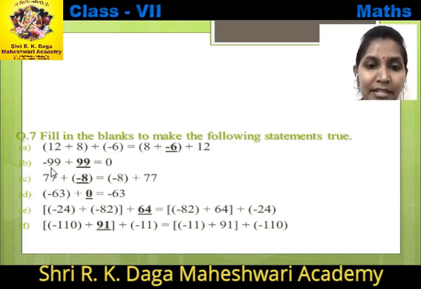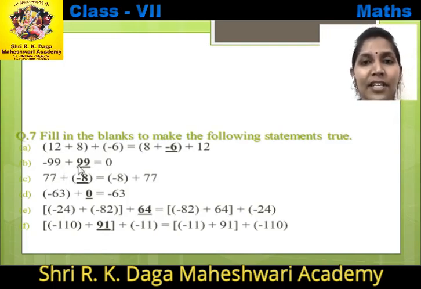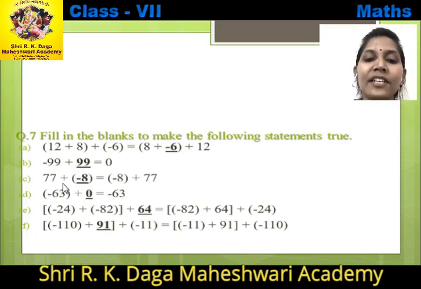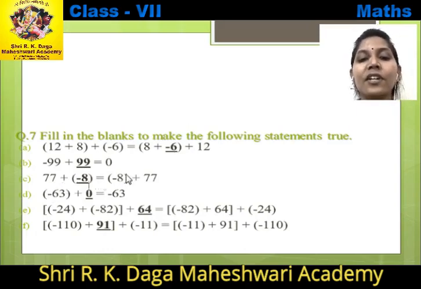Second is minus 99 plus dash is equal to 0. For the sum equal to 0, we just need the additive inverse of the given number, and additive inverse of minus 99 is plus 99. Here you can see 77 plus dash is equal to minus 8 plus 77.